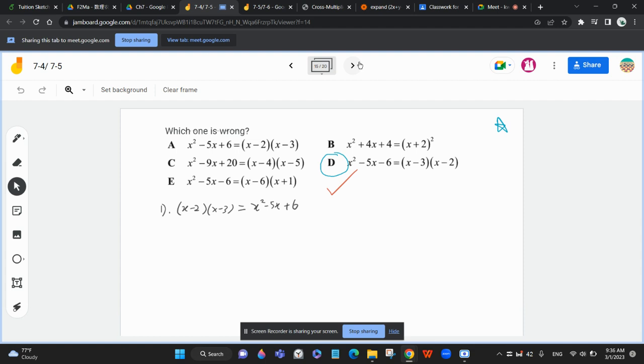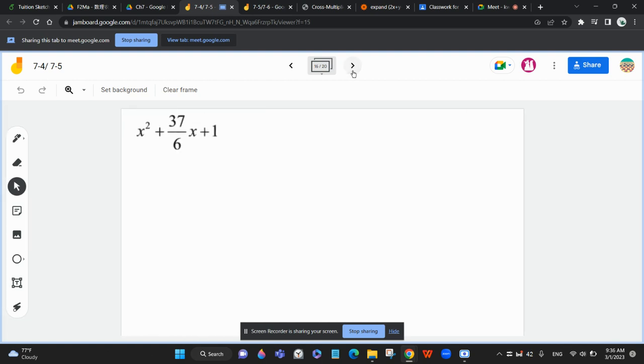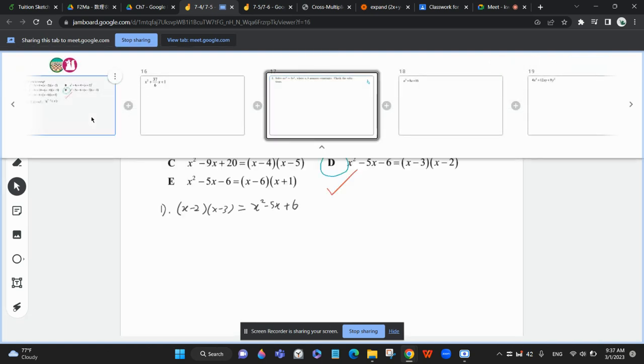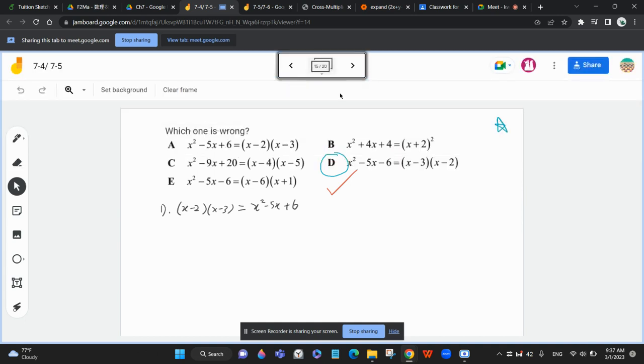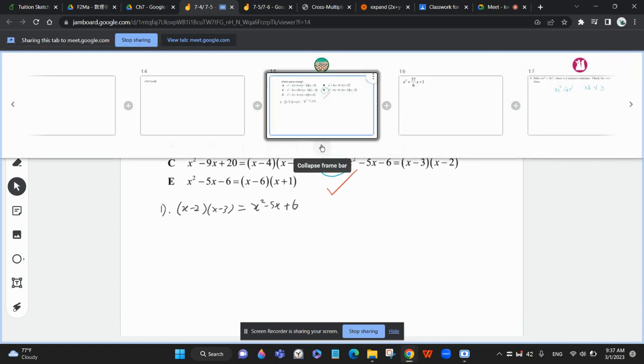So you add them up, negative 2 and negative 3, you get negative 5. Yeah, and I think we can verify the other choices first.